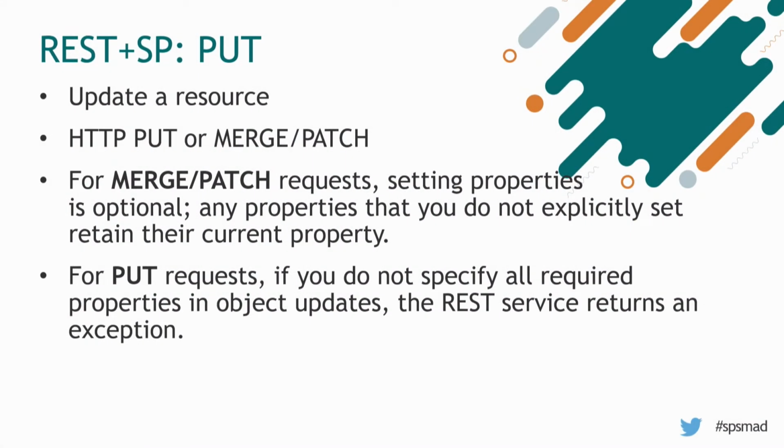OK. Now, what if I would like to update my list item? We have to, of course, send an additional, different HTTP request, which may use two methods. It's MERGE or PATCH. In case of MERGE and PATCH, we are passing only the item properties which have to be updated.